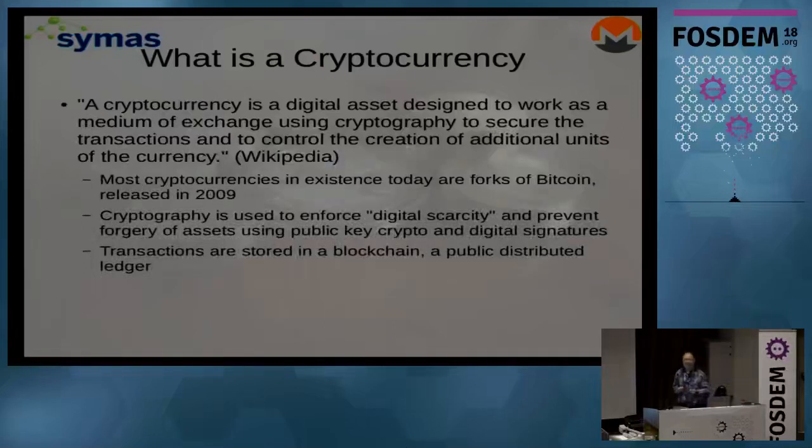So one of the innovations from Bitcoin was the notion of digital scarcity, where you can create a digital asset and prove that it's unique using digital signatures. As you're sending coins back and forth, creating transactions, these transactions are stored on something called a blockchain, which is a public distributed ledger.